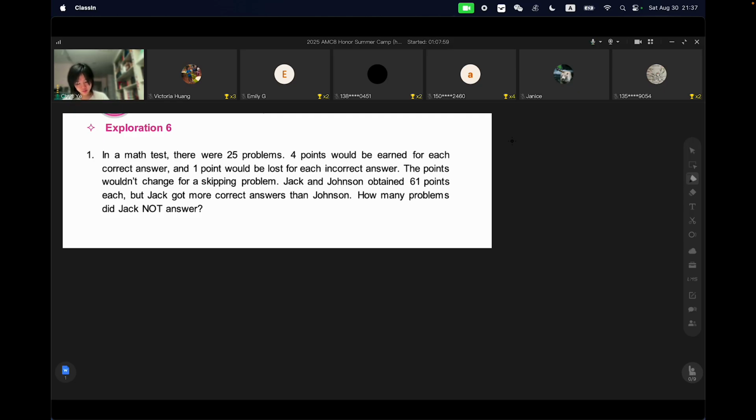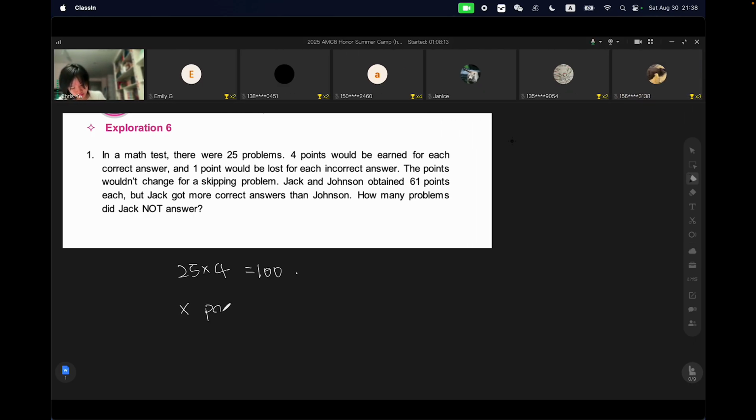So solution 1, basically, the maximum point is going to be 25 times 4 equals 100. So let's say that they each got x problems incorrect, and they left y problems unanswered.